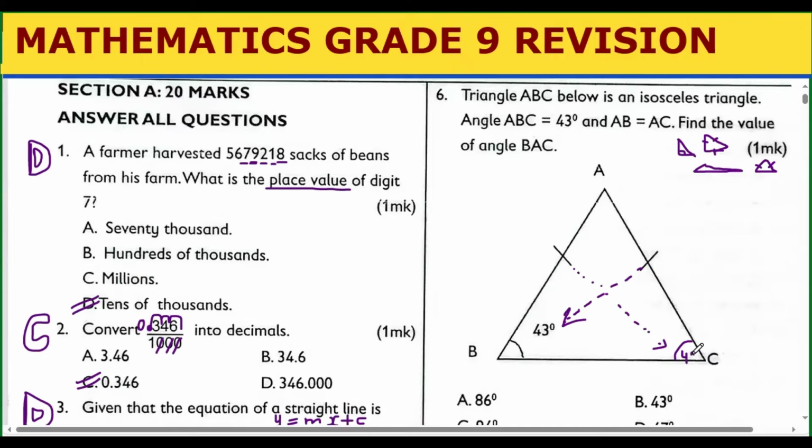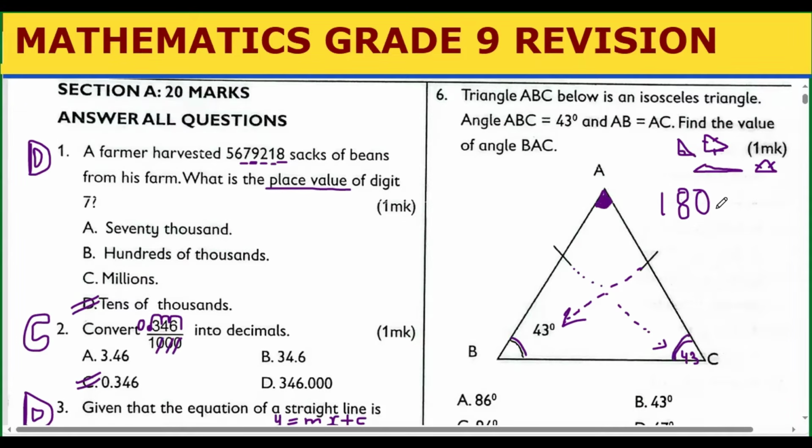Now, do you remember the angle properties of a triangle? The sum of all angles in a triangle, the 3 angles, sum up to 180. So if you want to know the angle at A, just say 180 minus these two 43s. Can you see the two 43s? This is 43 and this is also 43.